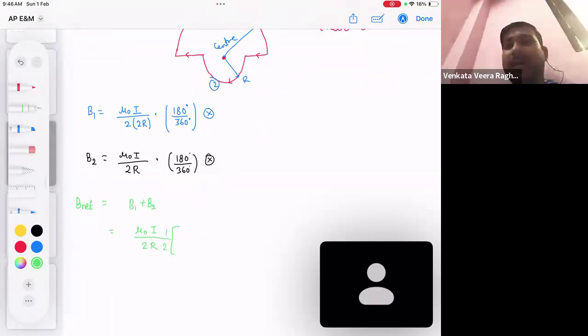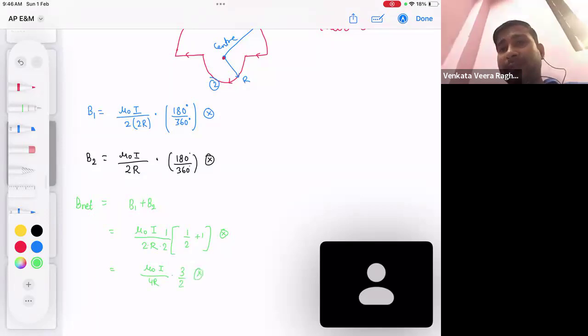So we have 1 by 2 times 1 plus 1 by 2. Direction will be into the plane. Net magnetic field, what direction will it come? The net magnetic field direction is into the plane. So mu naught I by 4r into 1 plus 1 by 2, that is 3 by 2.